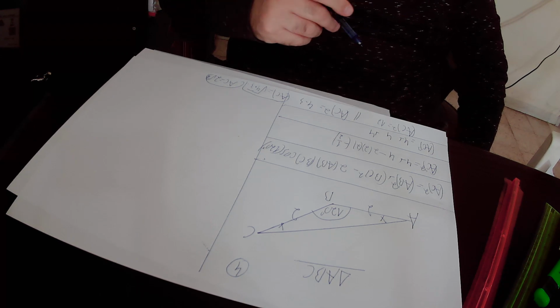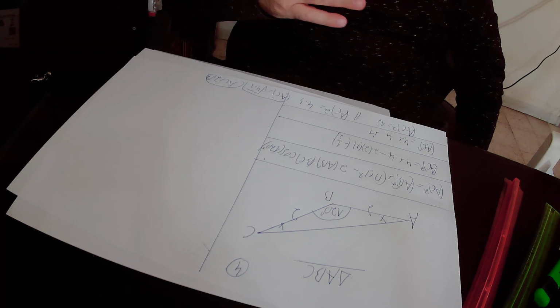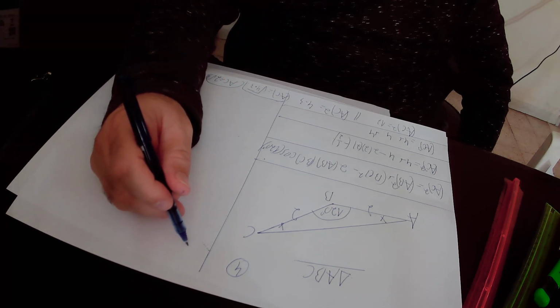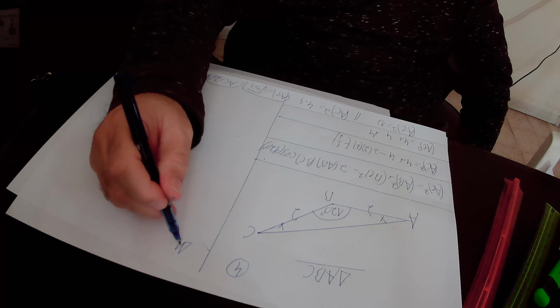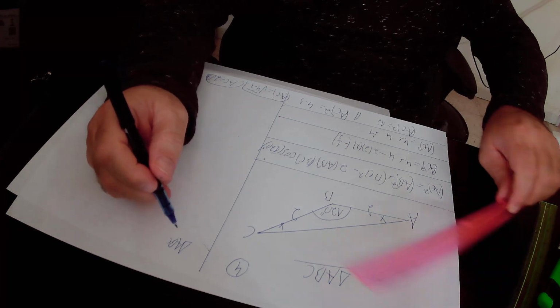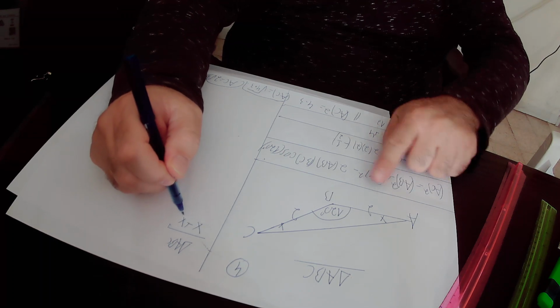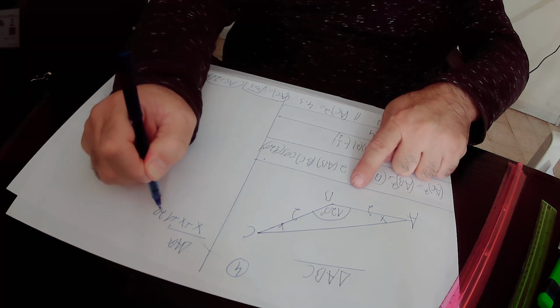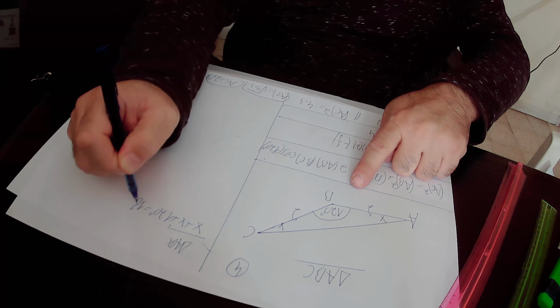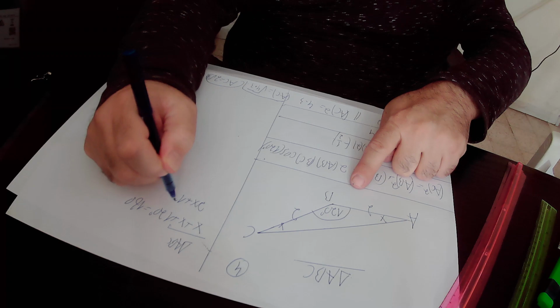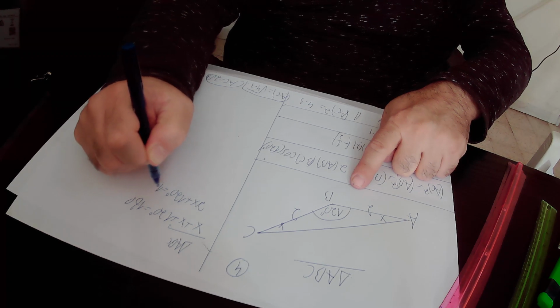We also know that the sum of the angles in any triangle is equal to 180 degrees, and especially in triangle ABC. So which angles we have in triangle ABC? We have x plus x plus 120 degrees. In total they must be equal to 180 degrees. x plus x is 2x, so 2x plus 120 degrees equals 180 degrees.